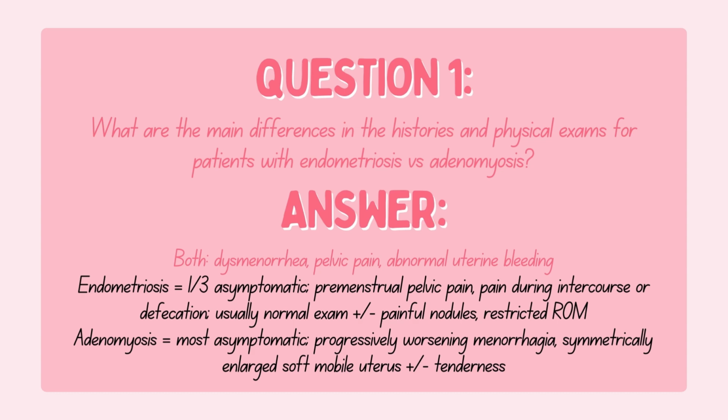The exam is normally normal, and it may or may not have painful nodules and restricted range of motion. Adenomyosis, on the other hand, is most often asymptomatic, but it may present with progressively worsening menorrhagia, a symmetrically enlarged soft mobile uterus, with or without tenderness.